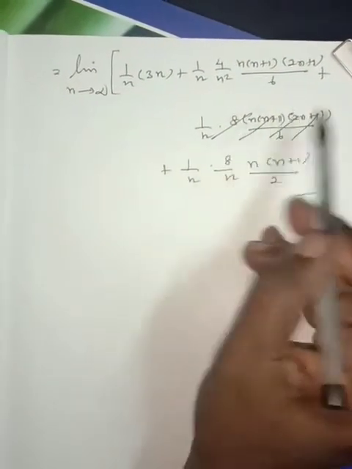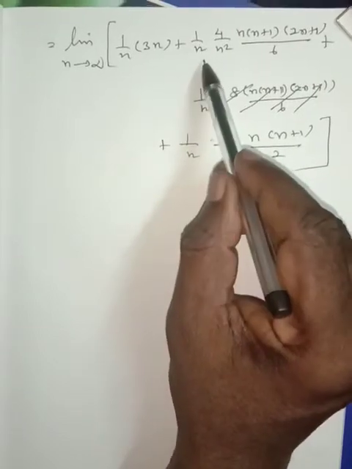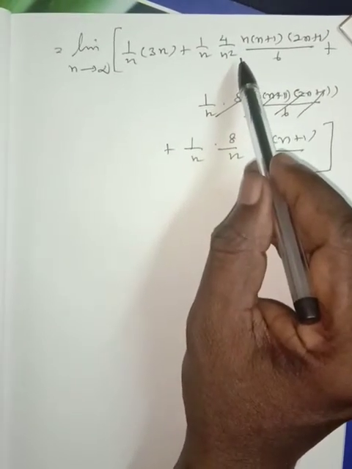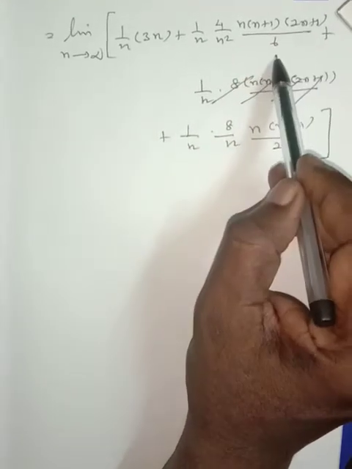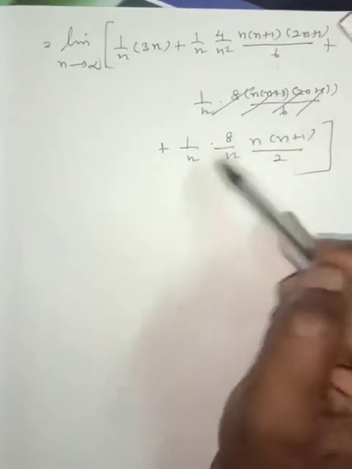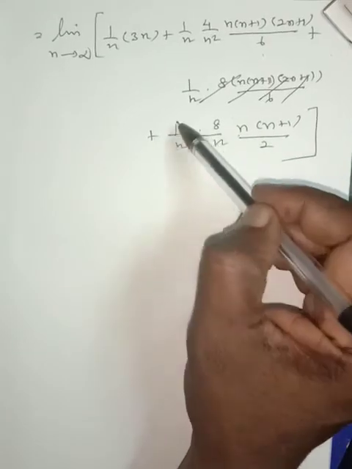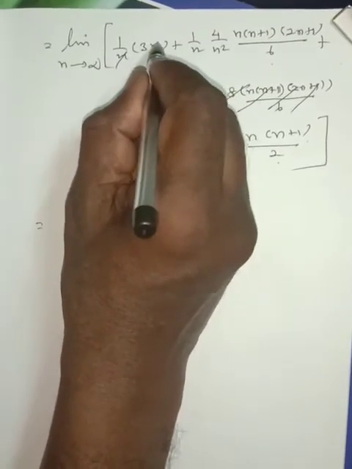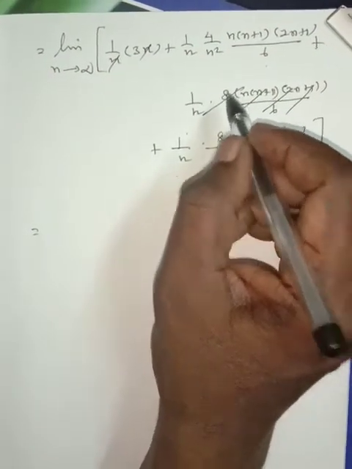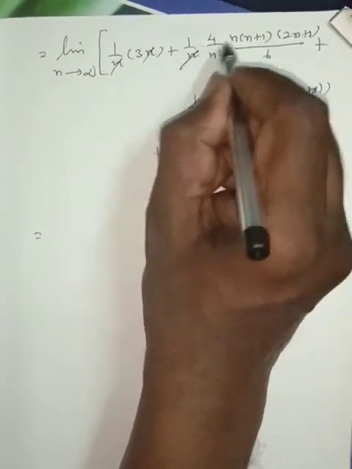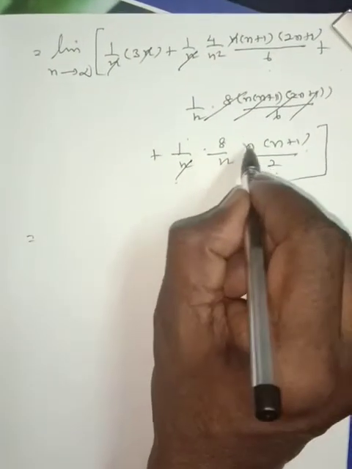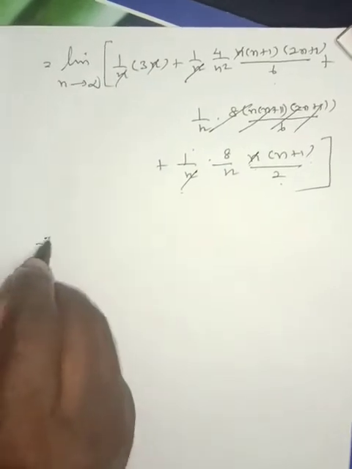In the middle part, 1 by n, 4 by n square, n into n plus 1 into 2n plus 1 by 6, then 8 by n into 1 by n into n plus 1 by 2, the n cancels. Here n cube, n cancels. Next, n cancels.